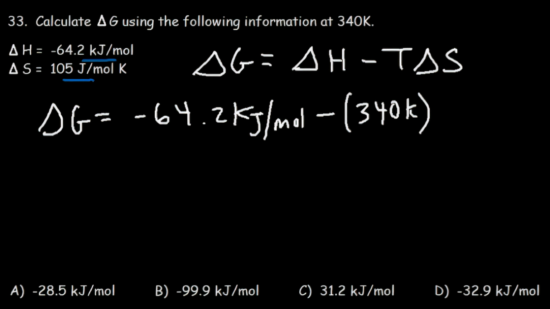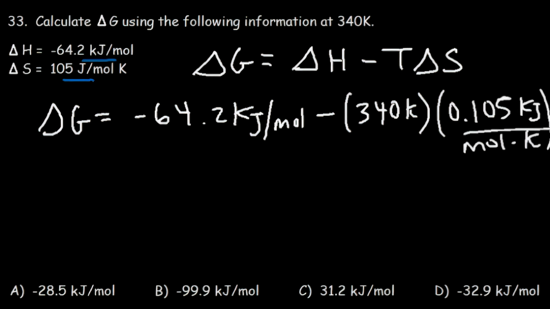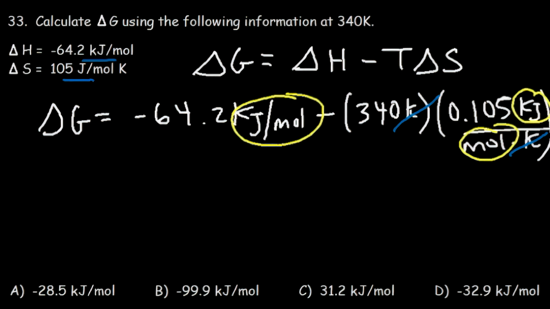Now we're going to convert 105 joules into kilojoules. So we can divide 105 by 1,000, or move the decimal point 3 units to the left. So it's going to be 0.105 kilojoules per mole per Kelvin. So the units Kelvin cancel, and we're left with kilojoules per mole and kilojoules per mole. So we can now add the two numbers.